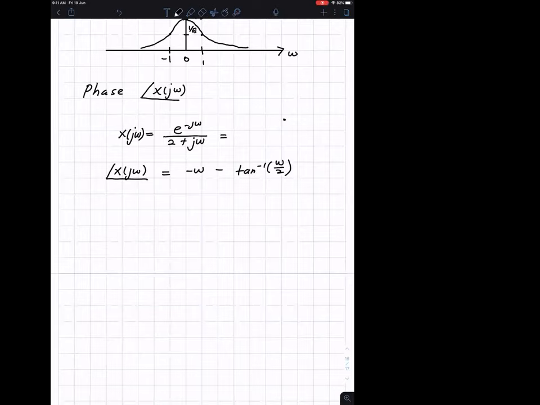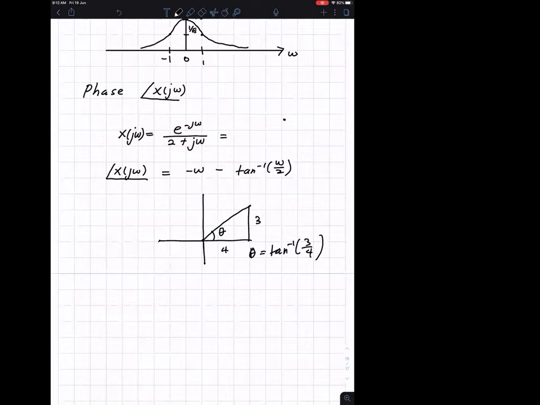Yes, sir. Let's say you have an angle, right? Let's say this is 3 and this is 4. So when you want to find this angle, how do you find it? Theta is tangent inverse of 3 over 4.